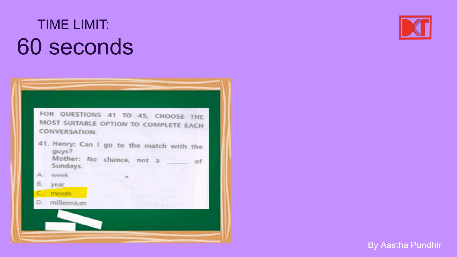When we say no, not a month of Sundays, it means it is not likely to happen. So this is a phrase which stands for something that is unlikely to happen, which means she is unlikely to allow for it.